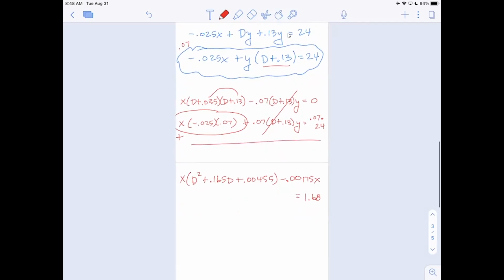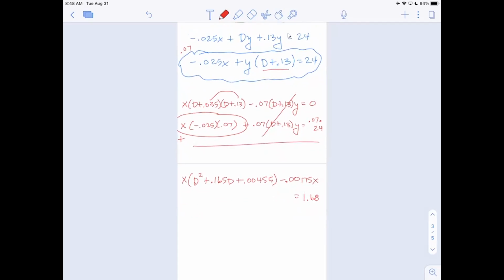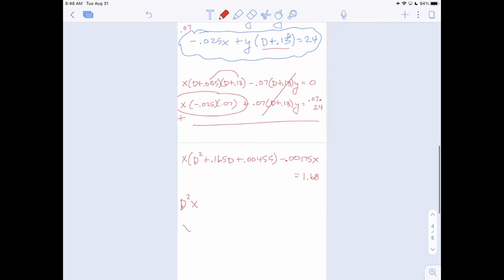And if I distribute this back out, notice you have D squared times x, which really just means x double prime, means take the derivative of x twice, plus 0.165 times Dx, or 0.165 times the derivative of x.